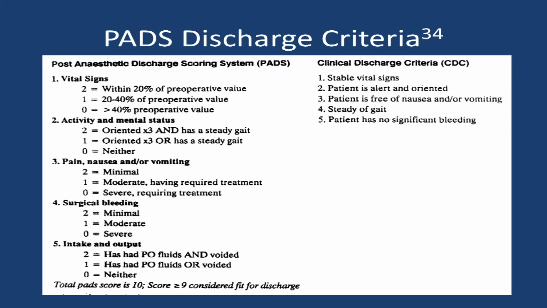Here is the post-anesthetic discharge scoring system. Vital signs within 20% of preoperative values, the patient gets a 2. If it's 20 to 40% of preoperative, it's a 1. If it's greater than 40% of the preoperative value, then they get a 0. Activity and mental status, again, is similar to the Aldrete score.